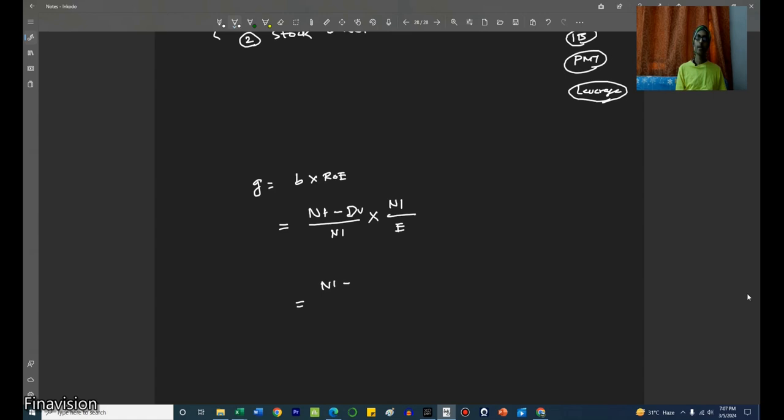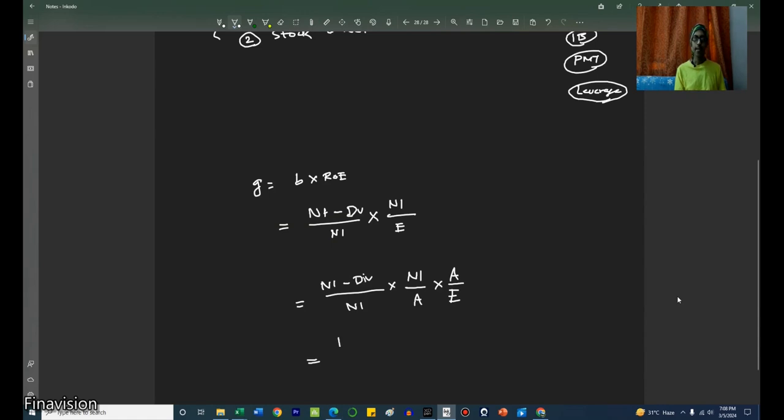This becomes net income minus dividend by net income into net income by assets into assets by equity.